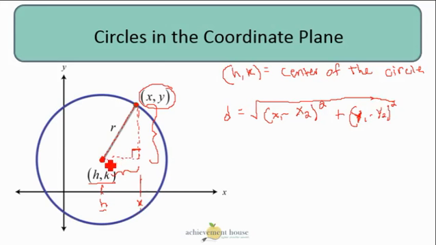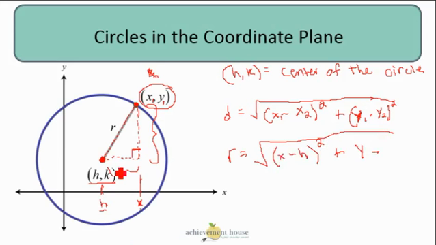If I'm finding this r, the distance for r, then r equals the square root of, let's say this is x1, y1, so x1 minus h, which will be my x2, so x minus h squared, plus y1, so y minus this distance here, this height is k, and this height right here on the y-axis is y.